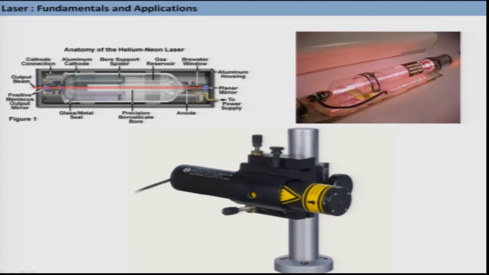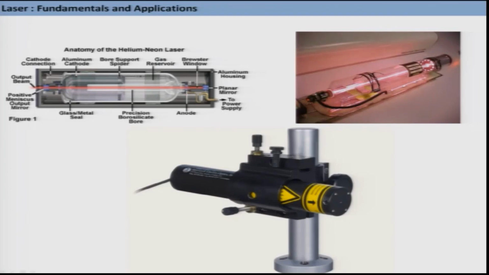This white part is essentially holding everything together, and inside there you have the gases, and you have the cathodes and anodes placed at different regions. This is the aluminum cathode kept here, while the anode is right here.